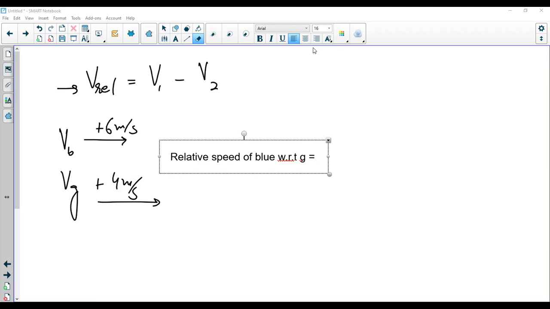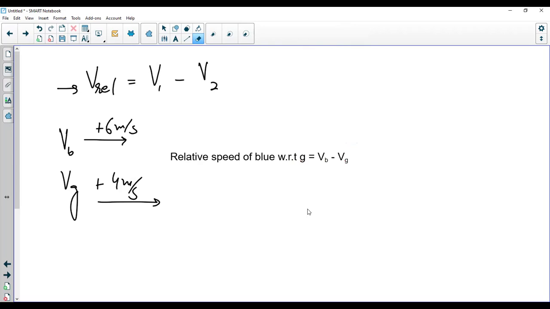What we get is the speed of B minus the speed of G. So that's what we did.